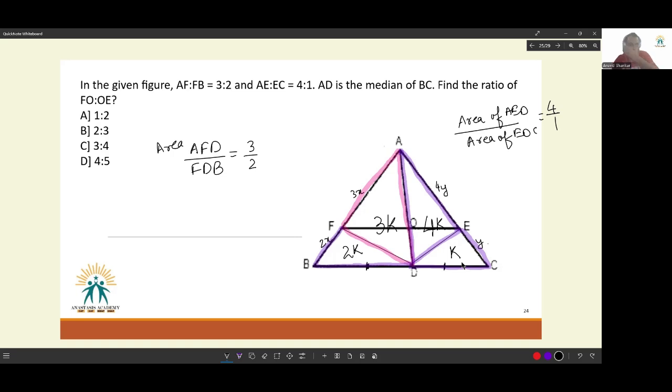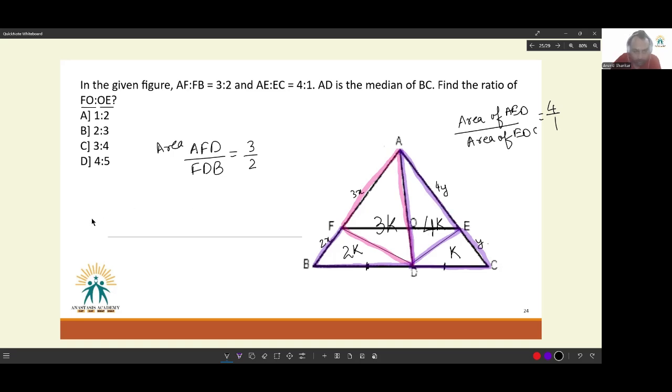Okay. Now, this is where the tricky part comes in. You need to understand. Look at AFO. Finally, we need the ratio of FO is to OE, no? AFO and AOE.